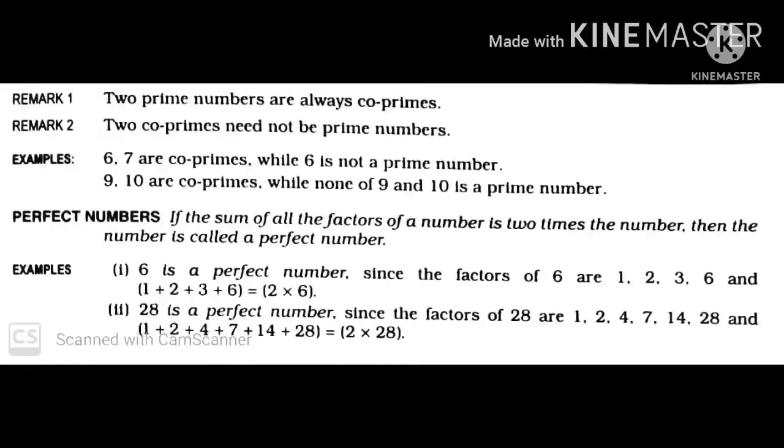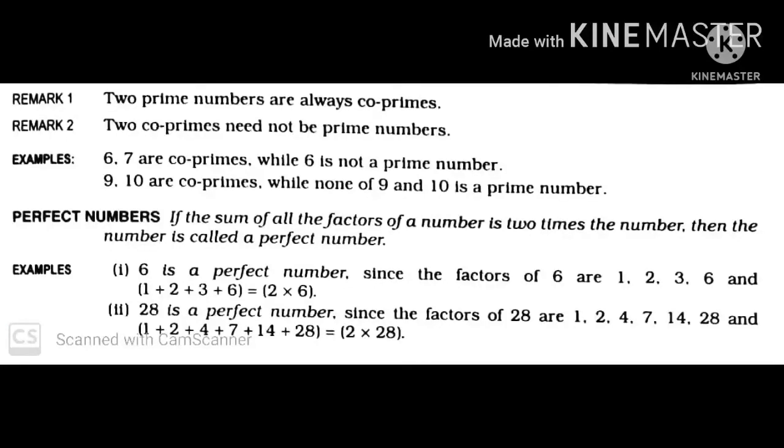So a very important point which we have to remember is that two prime numbers are always co-prime, but two co-prime numbers need not be prime numbers. For example, 6 and 7 are co-prime, but 6 is not a prime number. 9 and 10 are co-prime, while neither 9 nor 10 are prime numbers. They are what? They are composite numbers.